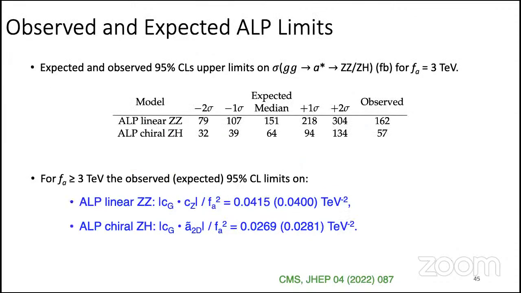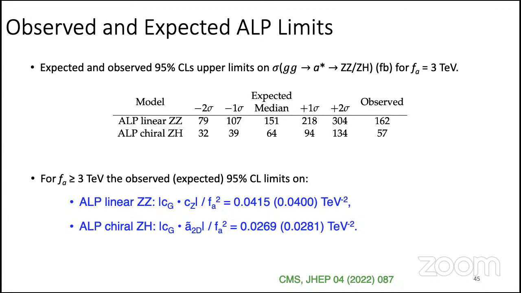And the expected and observed 95% confidence level upper limit of the cross-section of the process of gluon to diboson in phantom arms for an FA scale of 3 TeV. We achieved to restrict the theoretical values by 2 orders of magnitude.